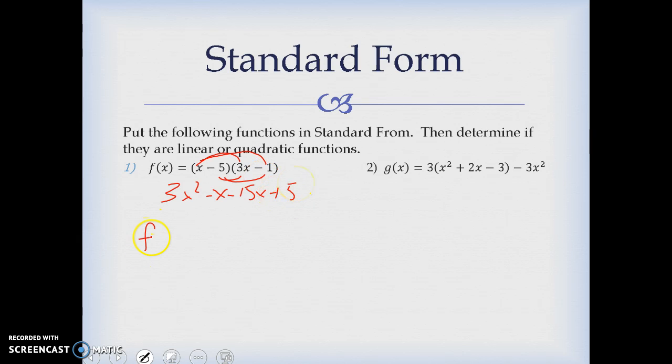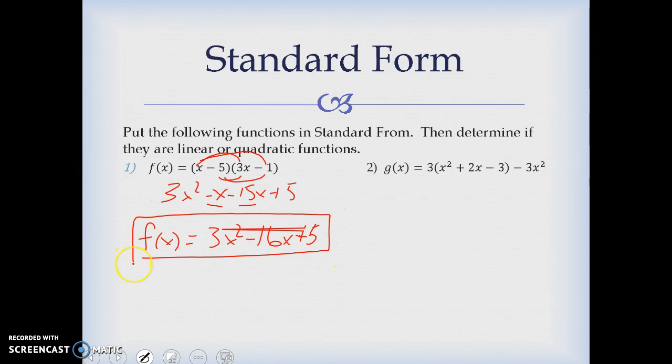And if I put all those things together, then my function is going to be 3x squared, negative x and negative 15x is negative 16x, plus 5. That's a plus there. So number 1 is a quadratic function, and if I put it in standard form, it would look like this.